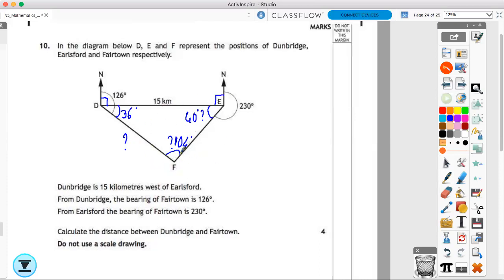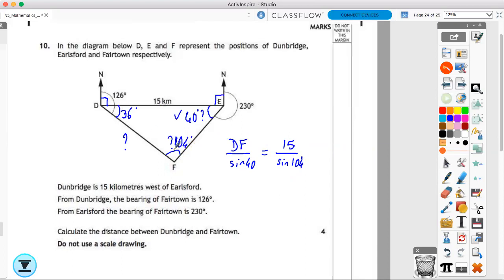Then you've got your sine rule. So to get your first mark, if you get those angles, 40 and 104, that'd be 1 mark. Then applying the sine rule, so DF, which is what you're looking for, divided by sine 40 equals 15 divided by sine 104.